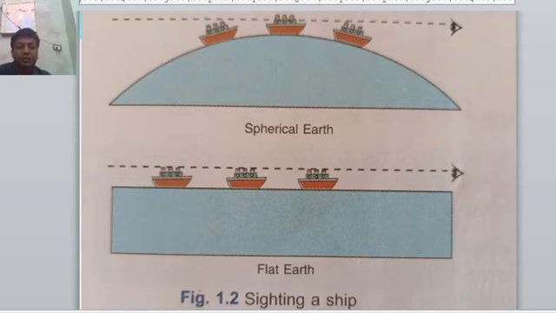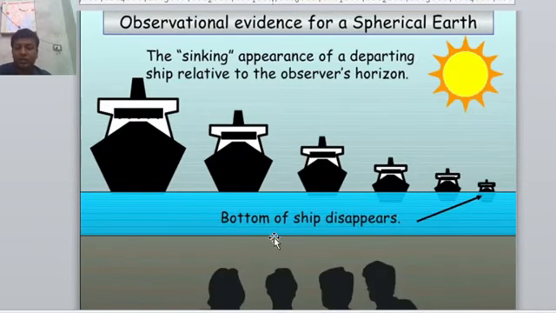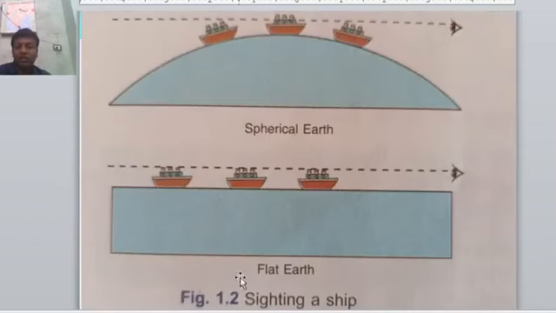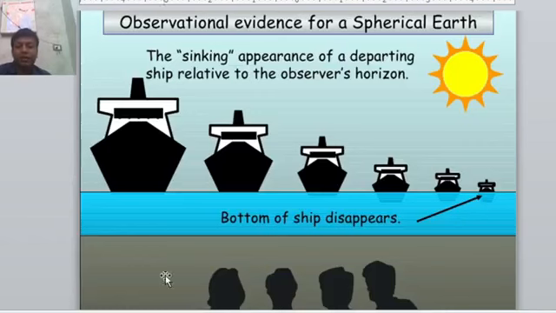Okay, this is the actual evidence why Earth is spherical. Look at this. If it is flat, the picture will be another. That means like this. Okay, so this bottom shape appears, and here we have the initial stage of the ship.